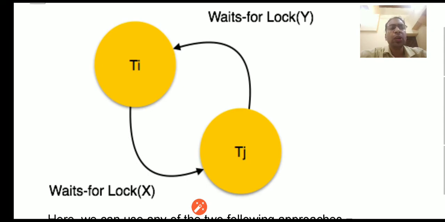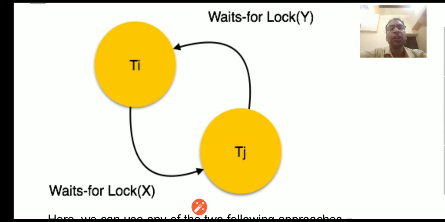Now, let's say we roll back, or deny tj from executing. Once tj is rolled back, it will release the held resources, that is x. Once x is released, ti will get a lock on x, and it will be able to perform both operations on x as well as on y. Once ti is completed, it will release both locks on x and y. We can then recall the other transaction, tj.